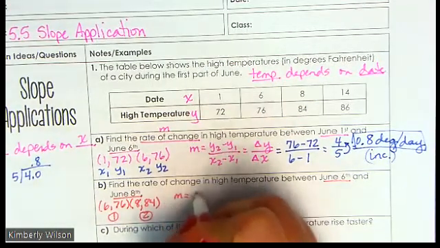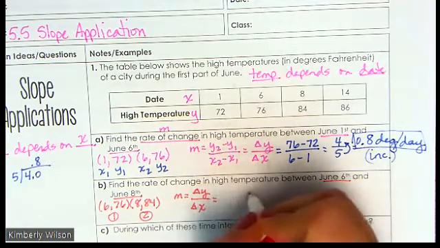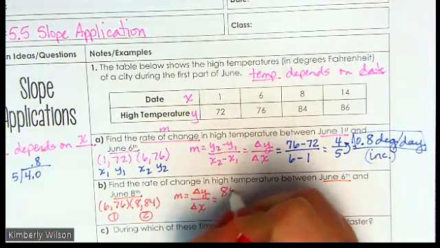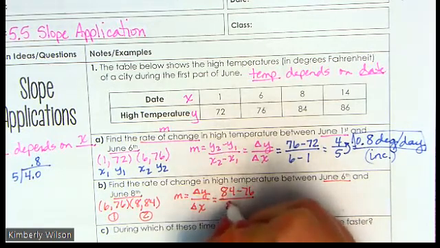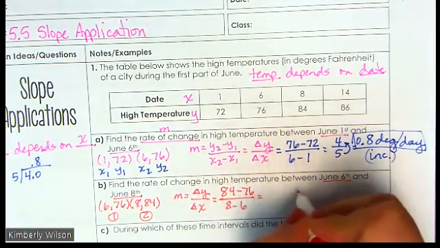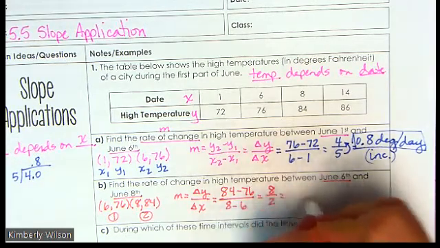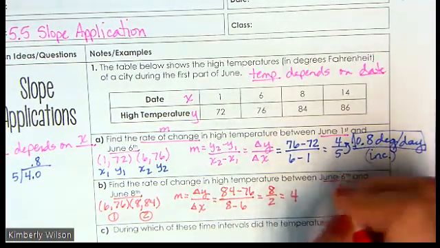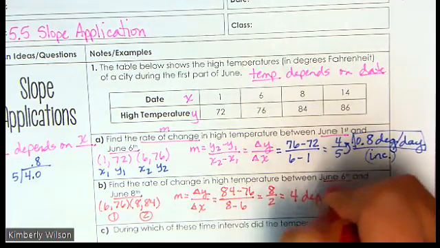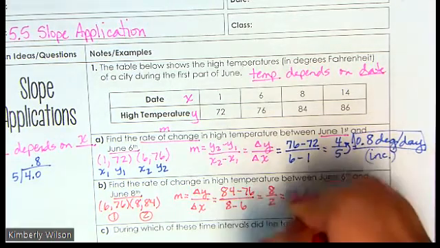So we have m equals the change in y over the change in x. So therefore, that's 84 minus 76 over 8 minus 6. So this is going to be 8 over 2, which equals 4 degrees per day.